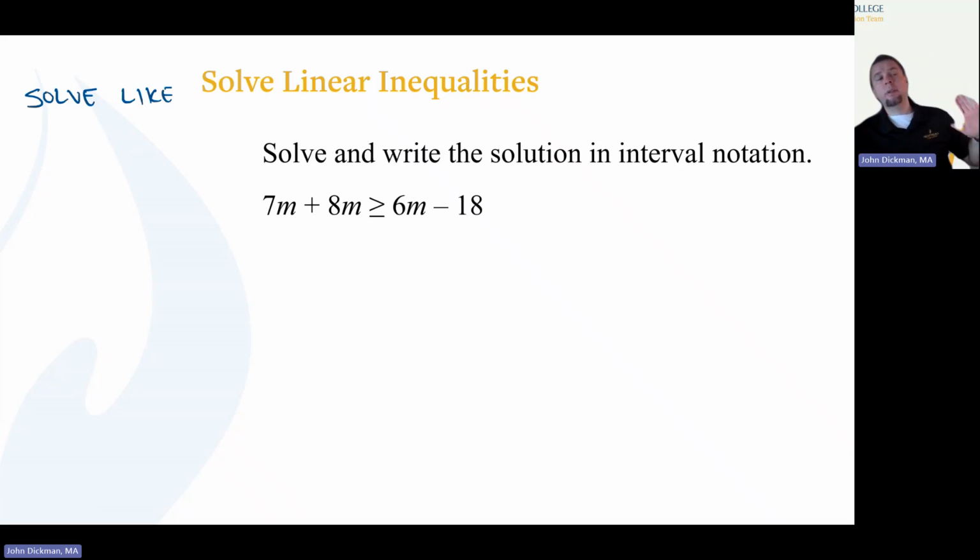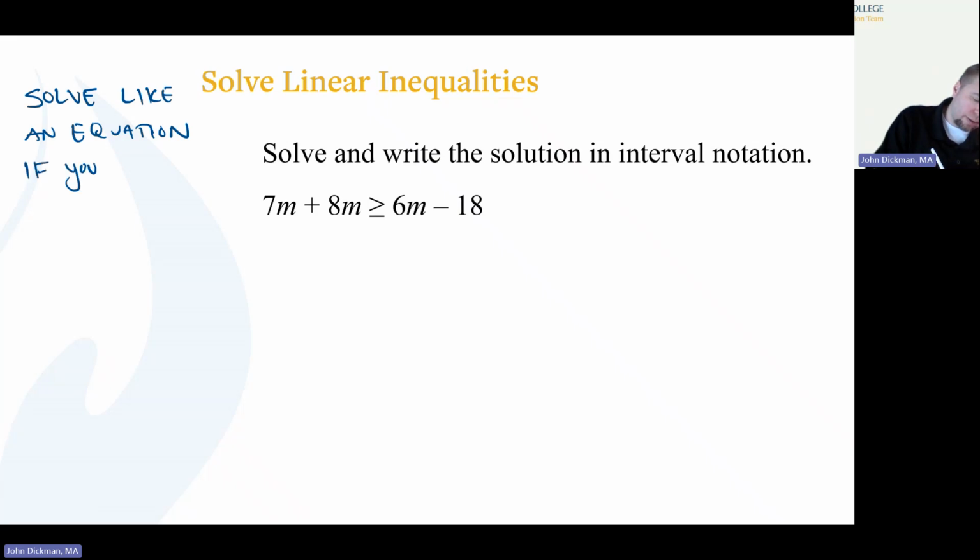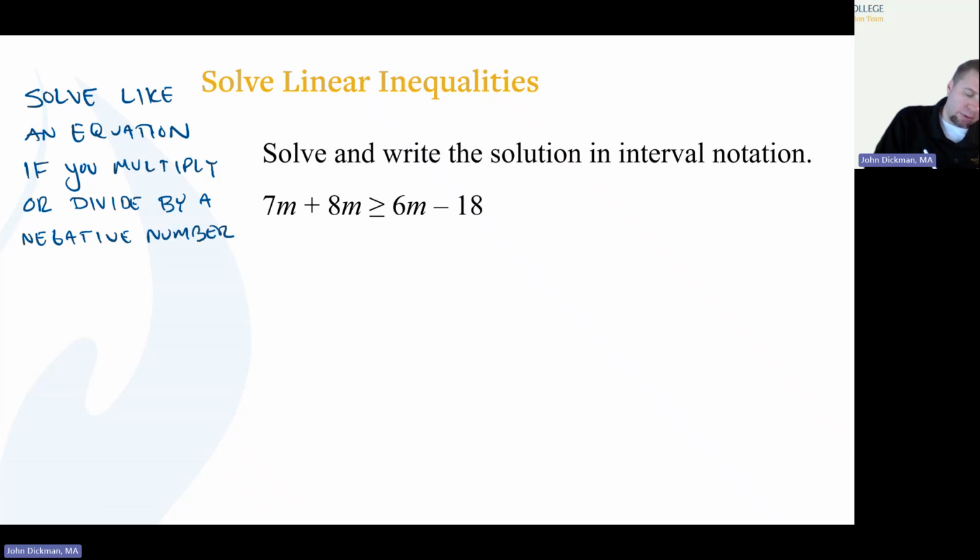The one thing that's different is if you multiply or divide by a negative number, you must flip the inequality.